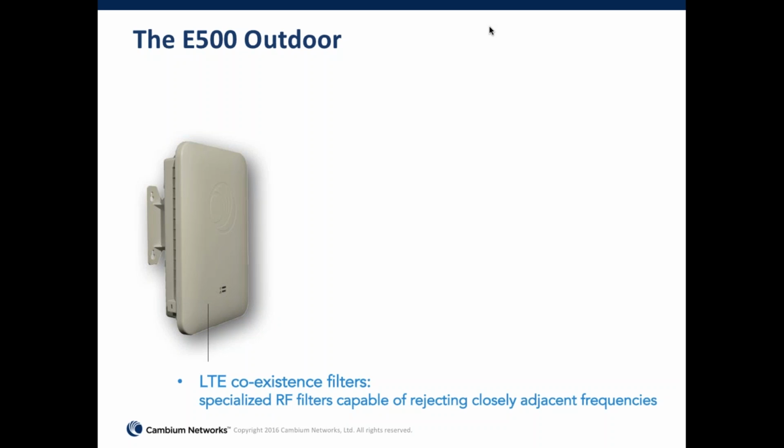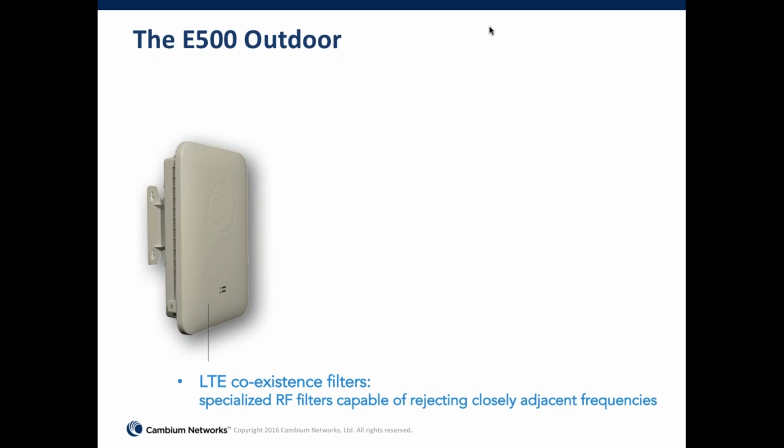So any day when you deploy your outdoor equipment, you have a chance that your outdoor network could be interfered with by a carrier deploying somewhere nearby on a city street.